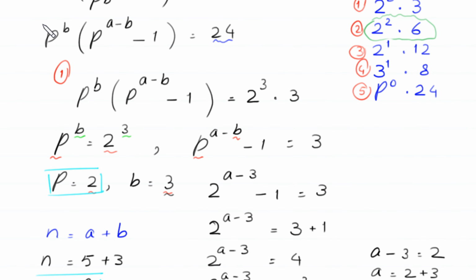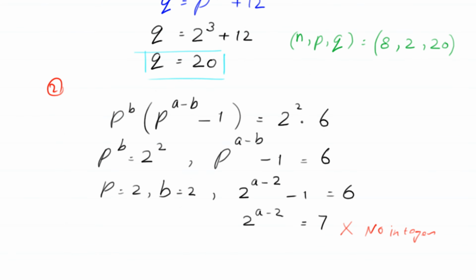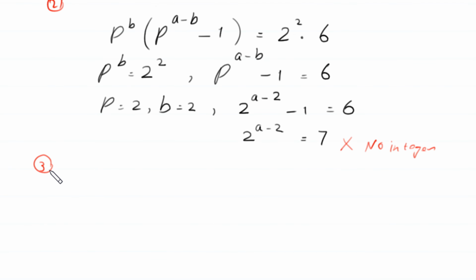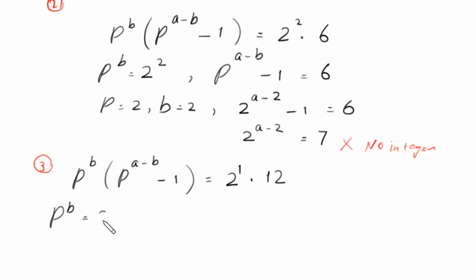In case 3, we write this expression p to the power b times p to the power a minus b minus 1 equal to 2 to the power 1 times 12. And we write this p to the power b equal to 2 to the power 1, and we write this p to the power a minus b minus 1 equal to 12.